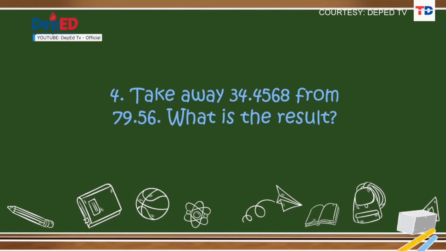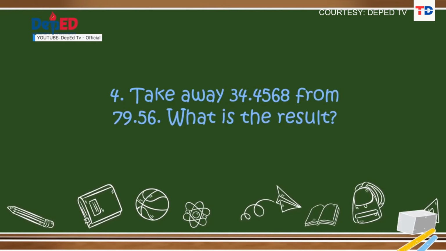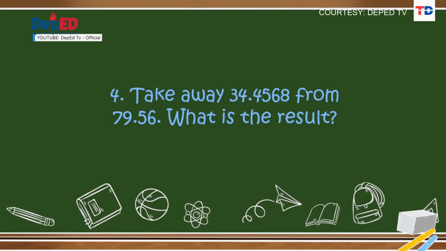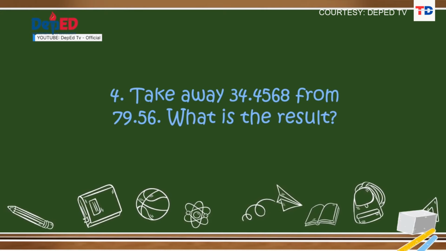Number 4. Take away 34 and 4,568 ten-thousandths from 79 and 56 hundredths. What is the result?